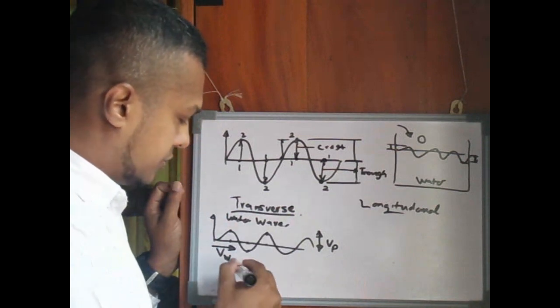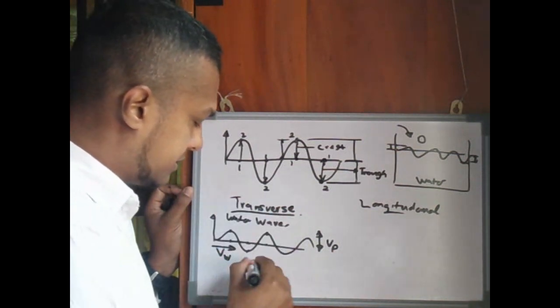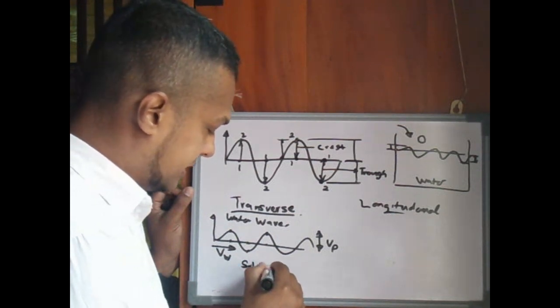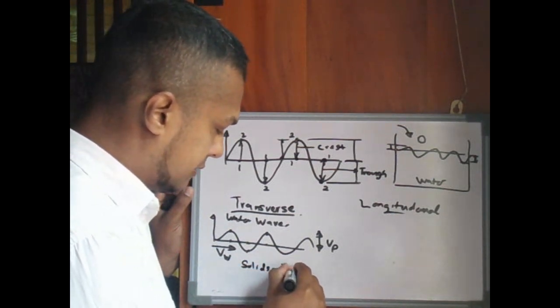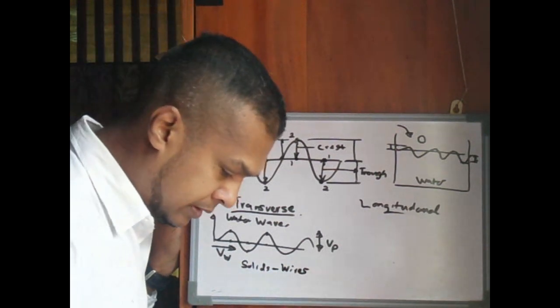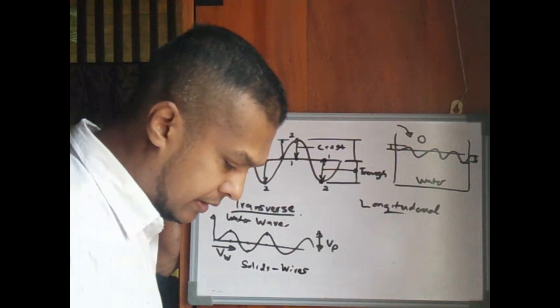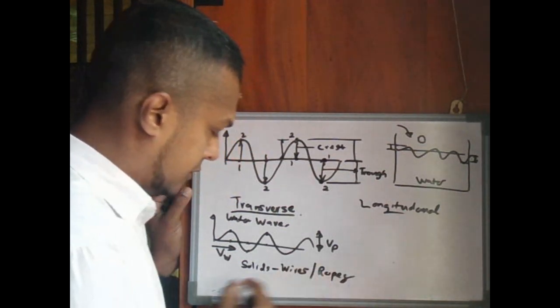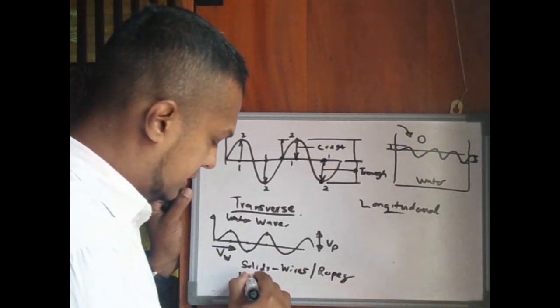But these transverse waves can also happen in solids such as wires, or in ropes, or in liquids.